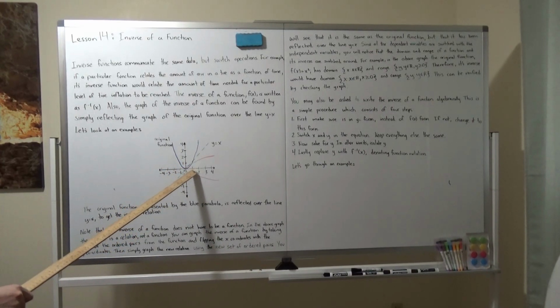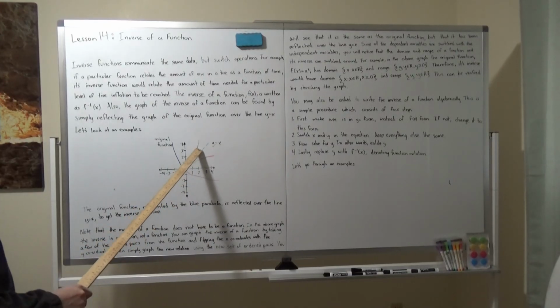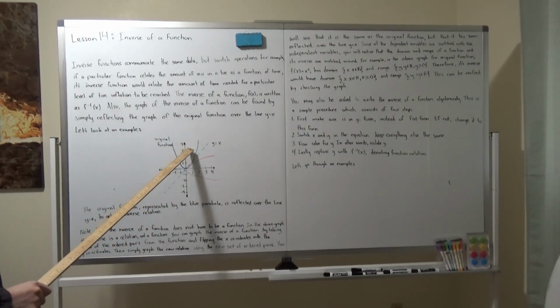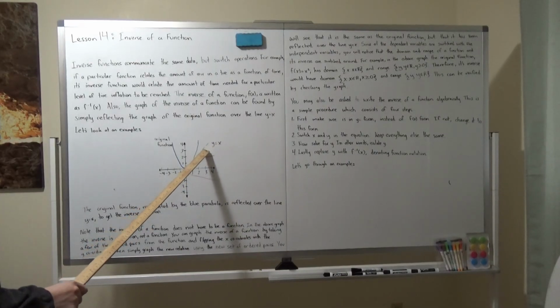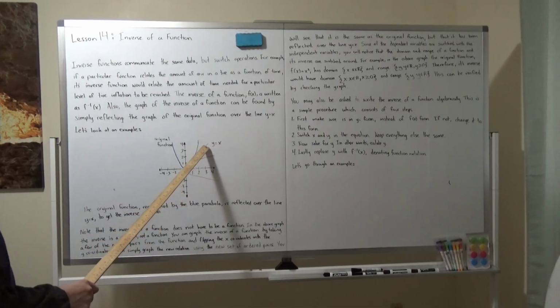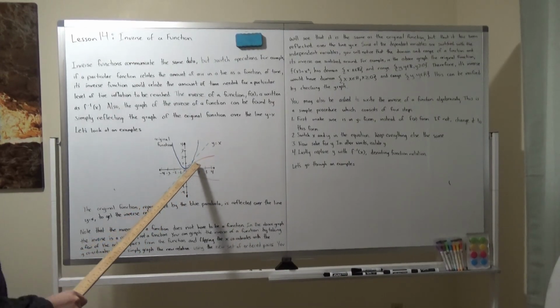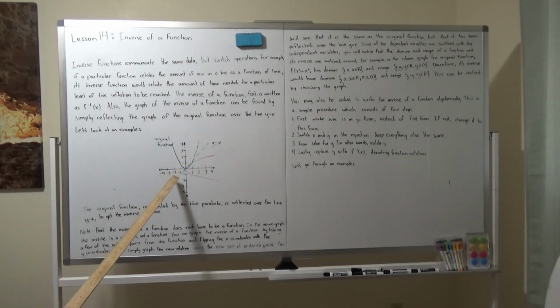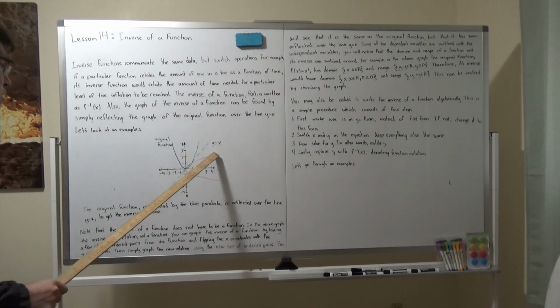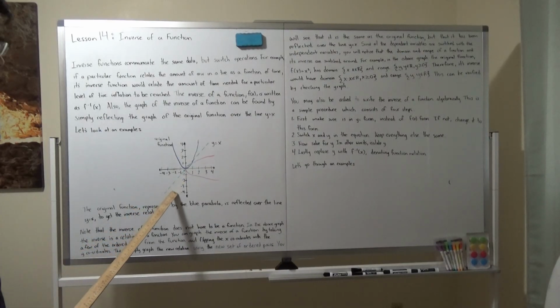So you have the points 0, 0, 1, 1, 2, 4, and the same on the negative side. The green line represents the y equals x function, which is a linear function. We have points 1, 1, 2, 2, 3, 3, 4, 4, and the same on the negative side.